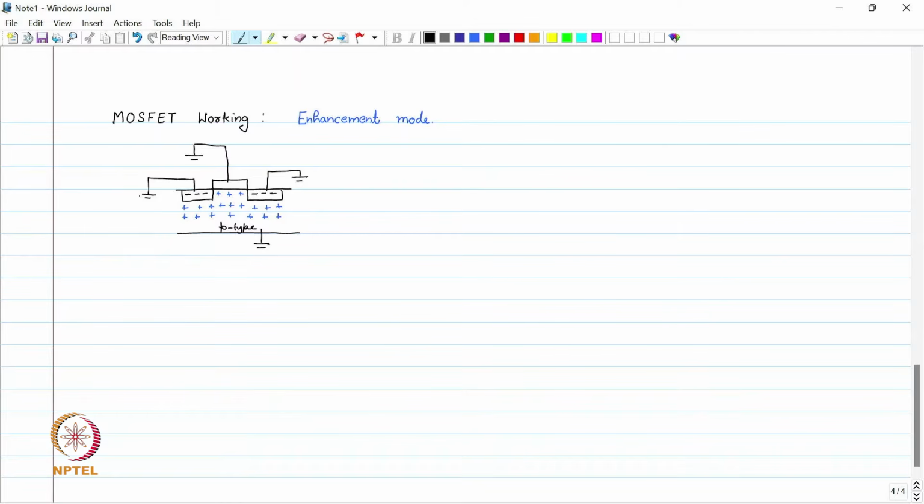In the second step, now we apply a voltage at the gate so that we can create an electric field under the gate oxide. So this is the first stage. In the second stage, we apply voltage at the gate.